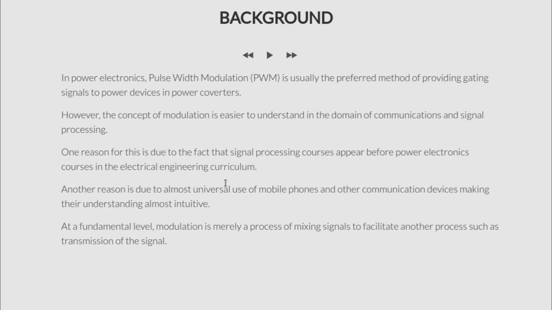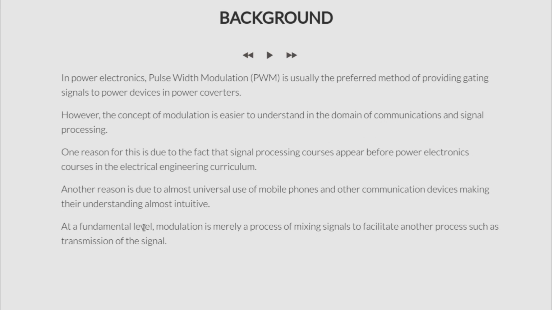Either we have mobile phones or we have other kinds of mobile devices like tablets and laptops. So therefore communication is something that almost all of us are aware of to some extent. Even though we may not understand the details, we do understand most of how communication takes place. So therefore it is usually easier to understand modulation in terms of communications and signal processing.